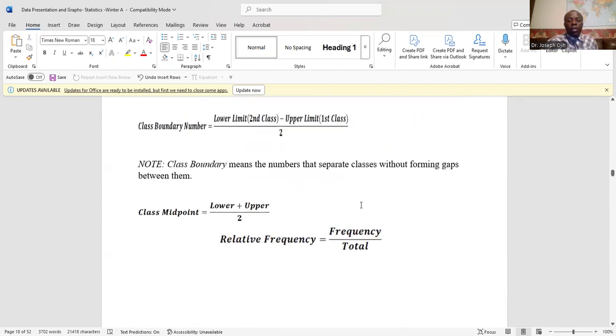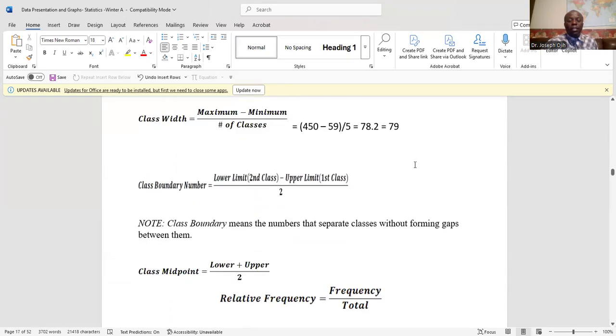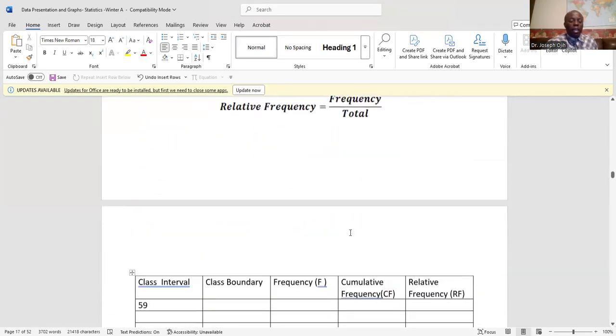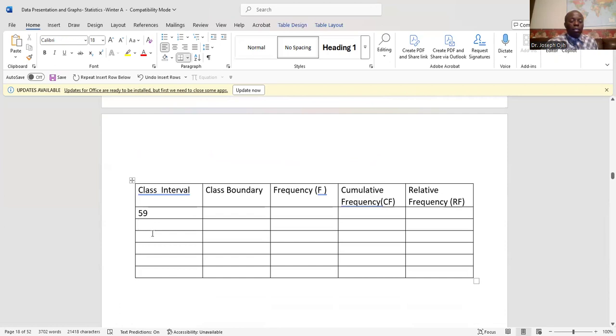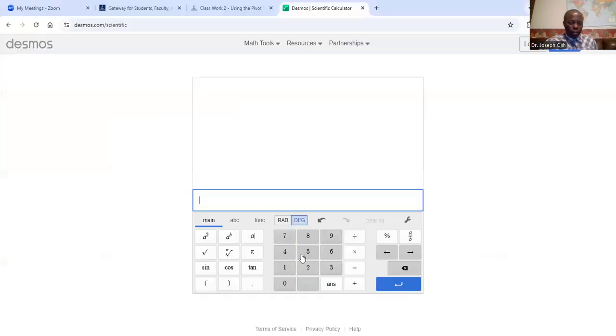This is the class width, so we keep adding 79 to it. 59 plus 79, from the calculator, gives 138. So I'm going to put 138 right there.